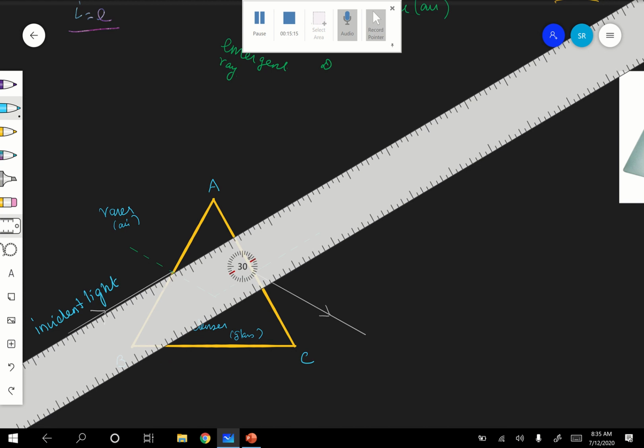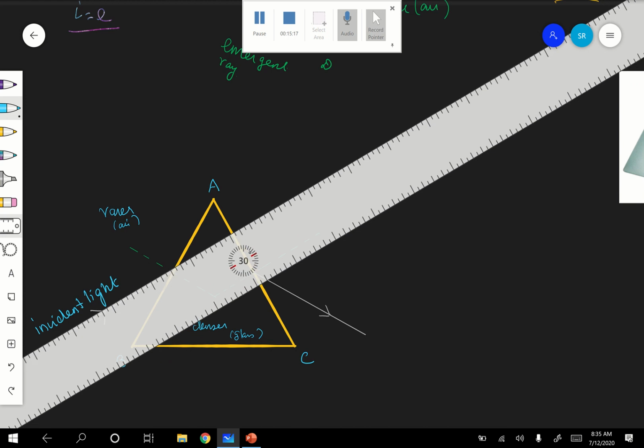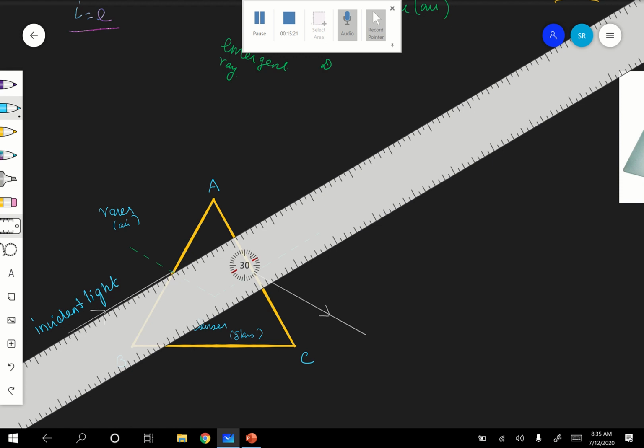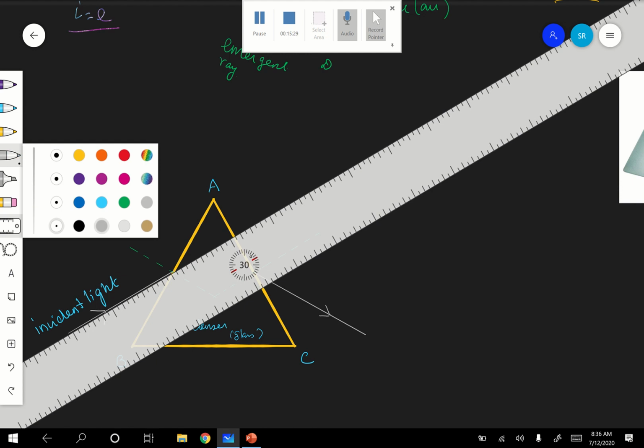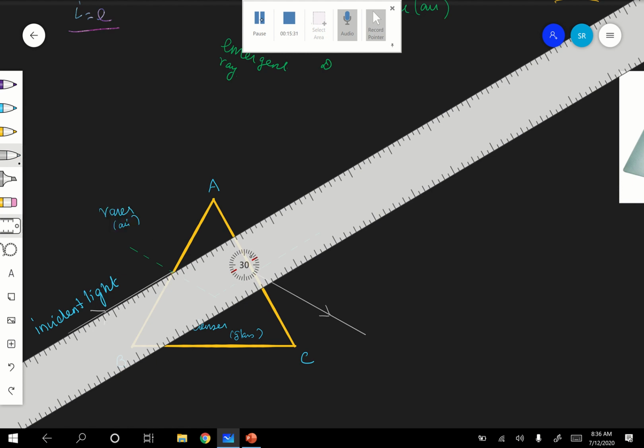See, this is the incident path. I am going to extend the incident ray. This is the path of the incident ray, correct?